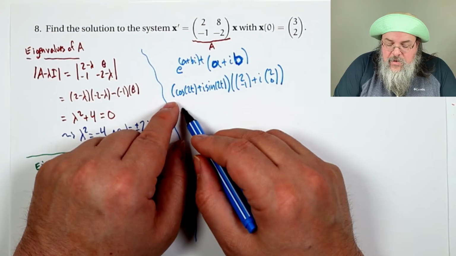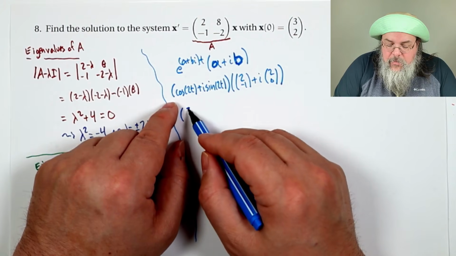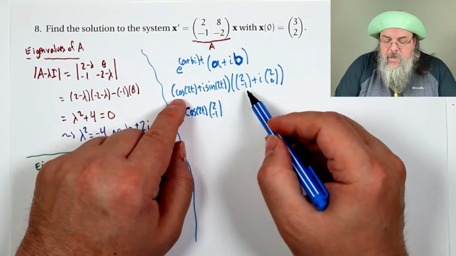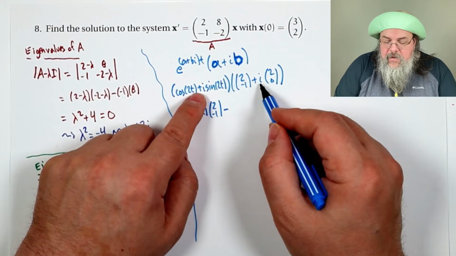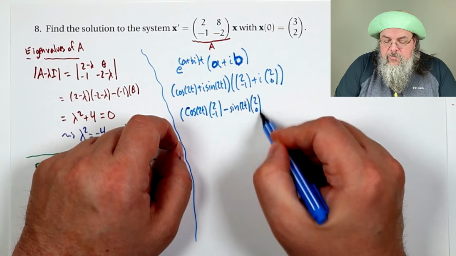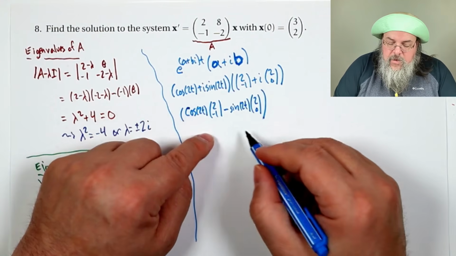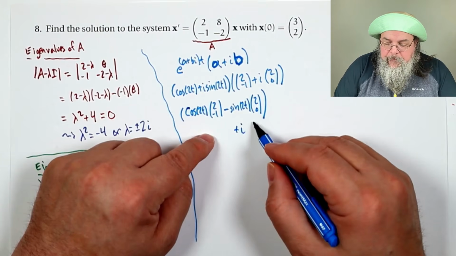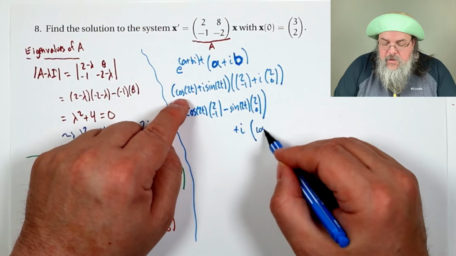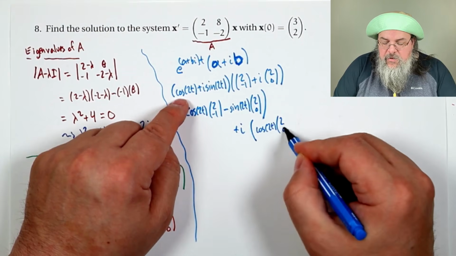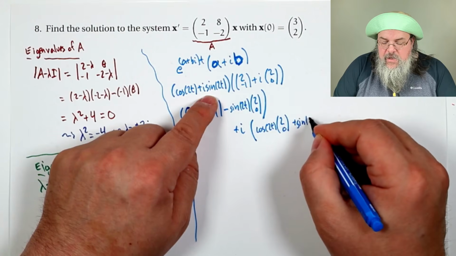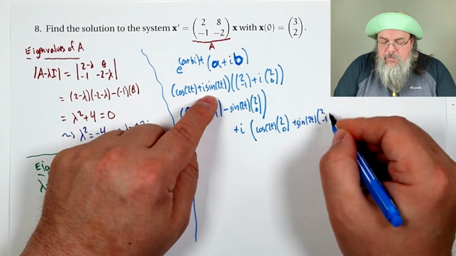We get cosine 2t times (2, -1), minus, because you have that i squared, sine of 2t times (2, 0). That's the real part. Plus i times cosine 2t times (2, 0), plus sine of 2t times (2, -1).